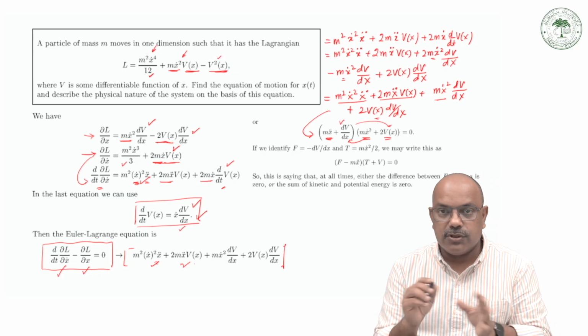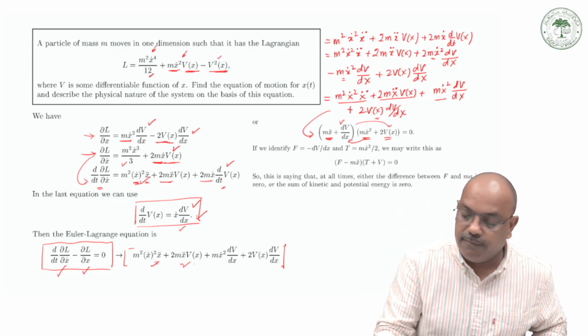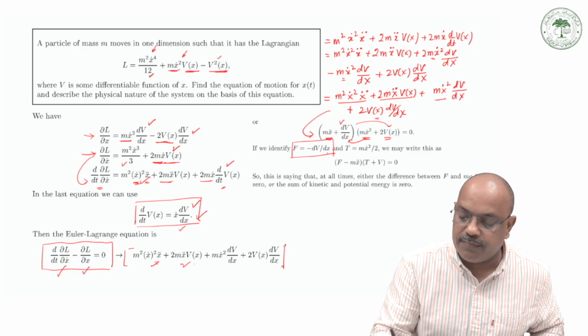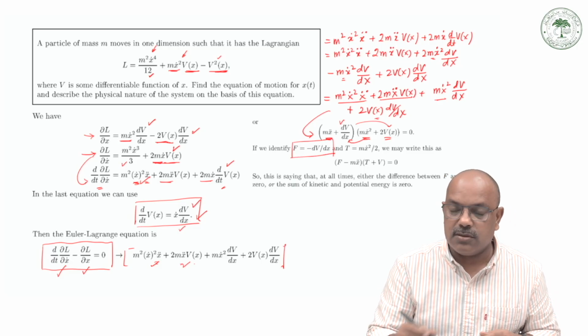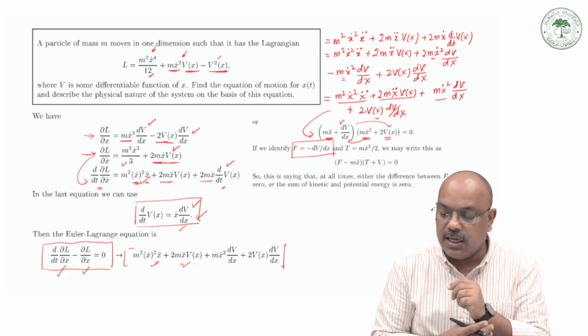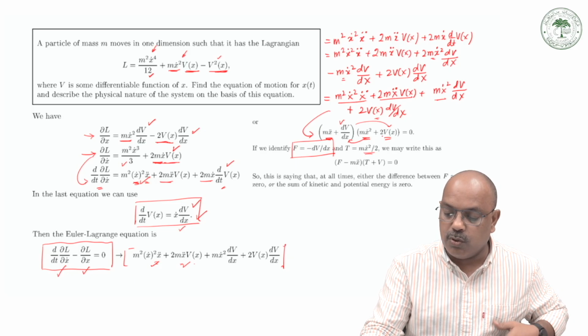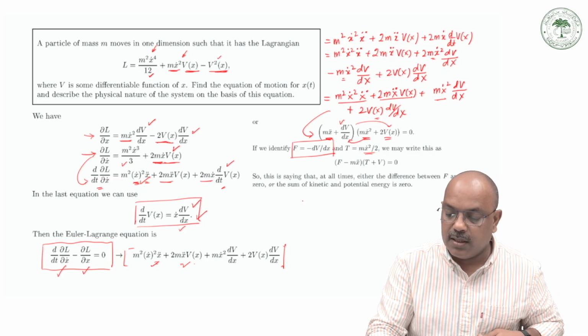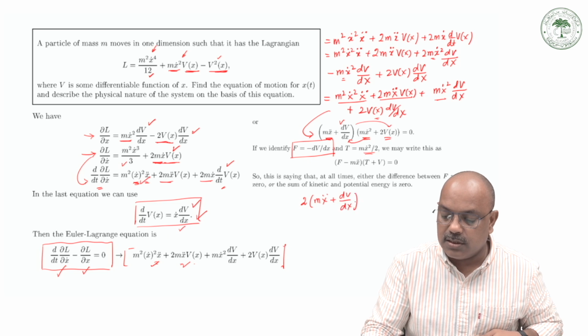So the forces can be arranged to see what the physical thing is there. We know that forces can be derived from the potential, that is F equals minus dV/dx, and if T is the kinetic energy, so we may write this. If you take this common, this is going to be m x double dot plus dV/dx.